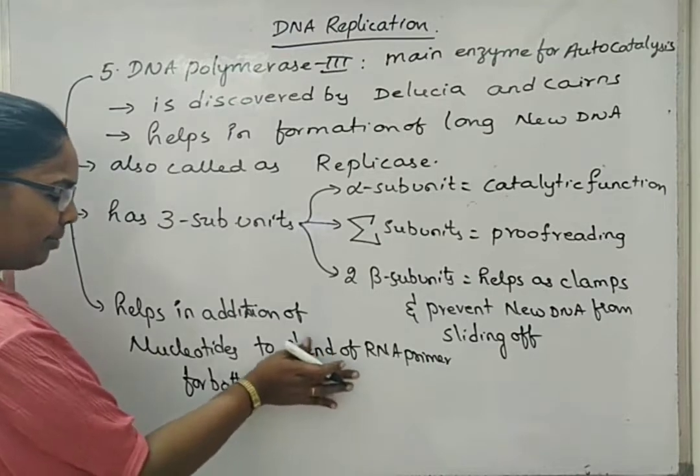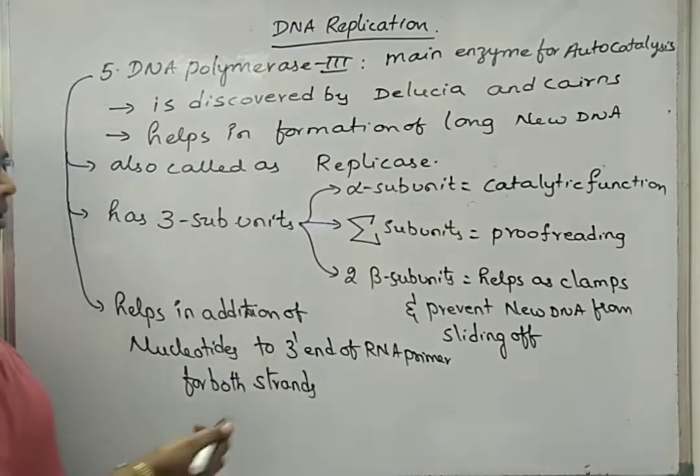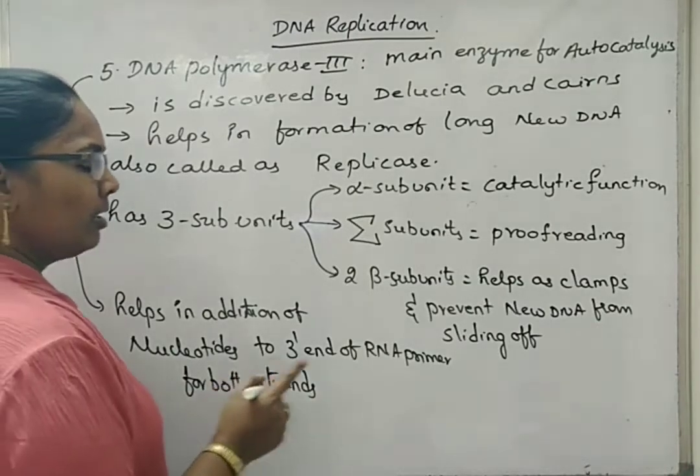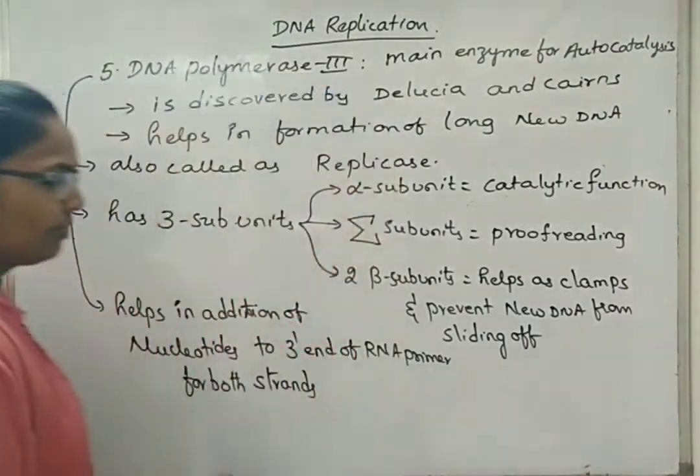Primer for both strands we'll write. Because RNA primer is attached on 3' end of the old strand. That I will show you diagrammatically now.